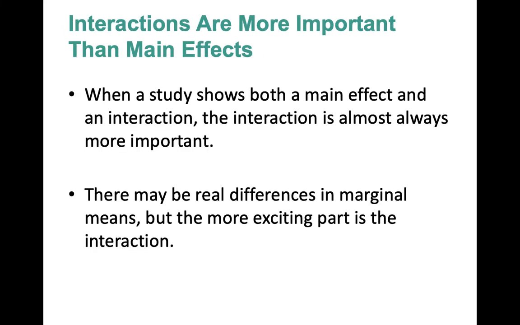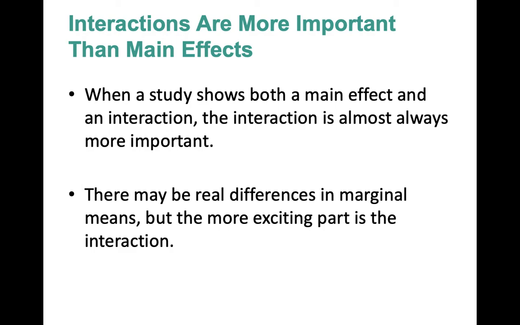The textbook author makes the point, and I think I agree, that interactions are more important than main effects. So when a study shows both a main effect and an interaction, the interaction is almost always more important. So there might be real differences between those marginal means, so there might be a main effect, but the more exciting part is the interaction.